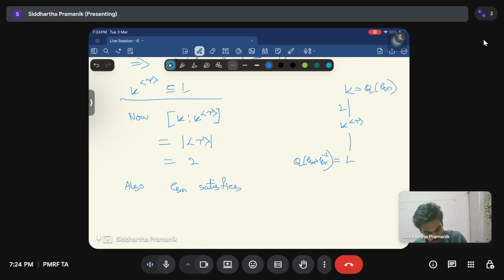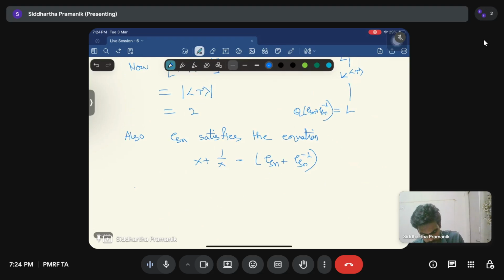So zeta n satisfies the polynomial x squared, so basically it satisfies the equation x plus 1 by x minus zeta n plus zeta n inverse, right?